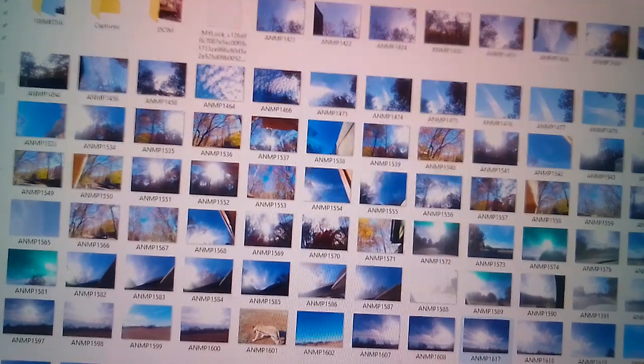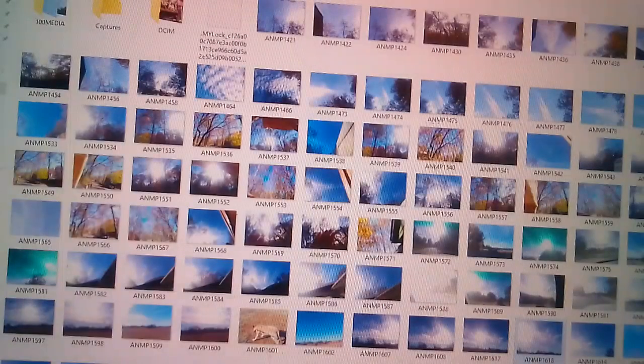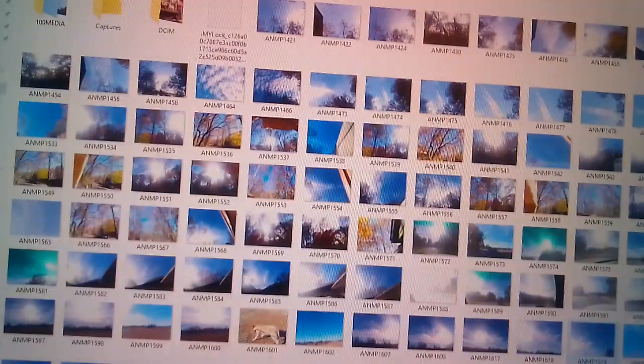Some kind of cloud rainbow. 1618. Well, there it is right in the corner. 1619. Look at that. All this wispy cirrus type.